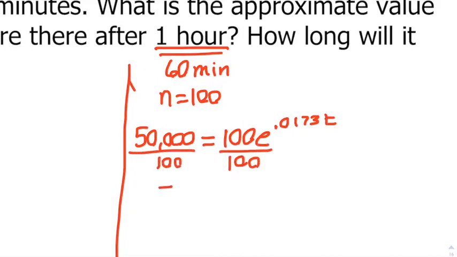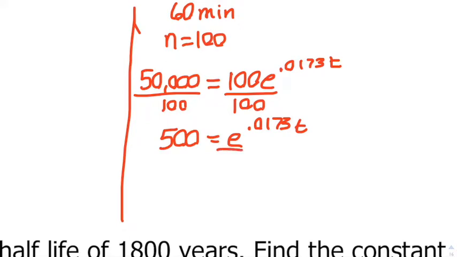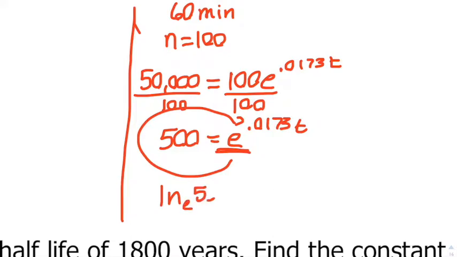Essentially, that cancels out 2 zeros, so it goes to 500 equals e raised to 0.0173 t. Since you've got a variable in the exponent, you can't do anything with it. Start with your base and switch your form. That's a natural log since it's base e. Natural log of 500 equals 0.0173 times t.